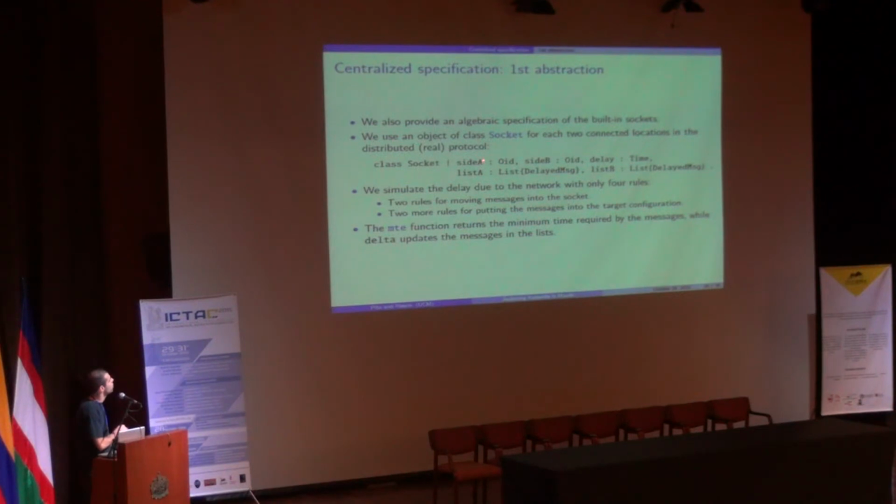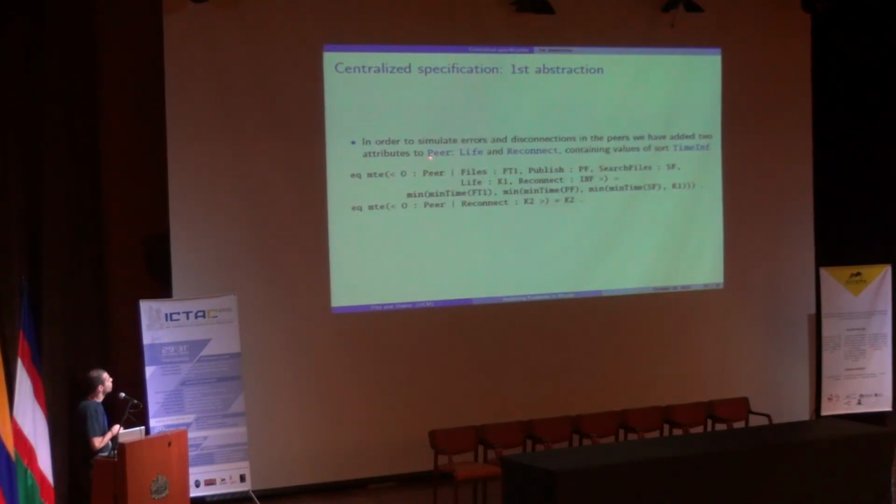Okay, so our logical sockets have two sides, some delay and two lists for the messages for the side A and the messages to the side B, and just two rules to introduce messages and another two rules to extract messages from the socket.